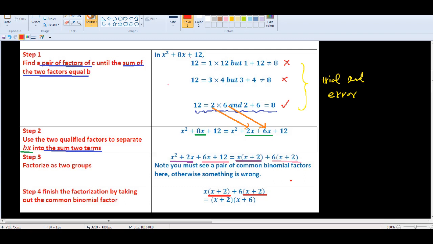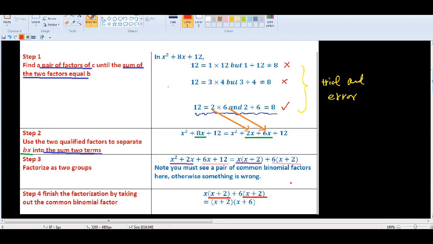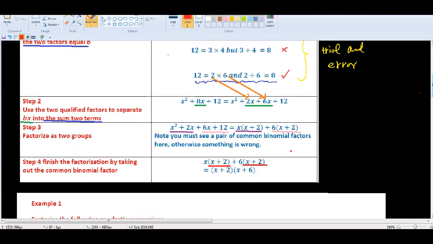But then you need to check whether the two numbers you choose, when you add them, give you the middle term. If not, then you go to the next one until the sum of the two numbers gives you the number of the middle term. Then you can use those two numbers to separate the middle term.